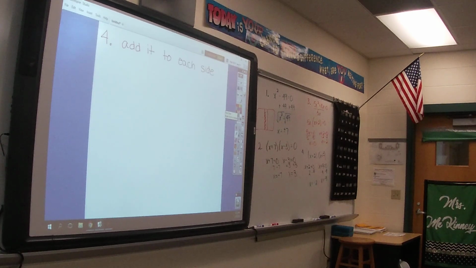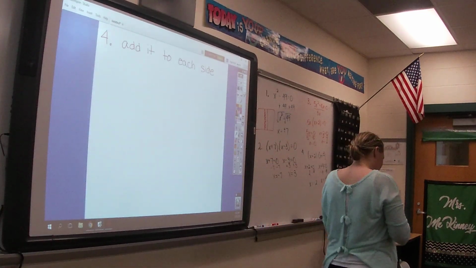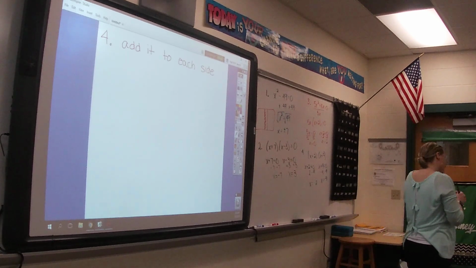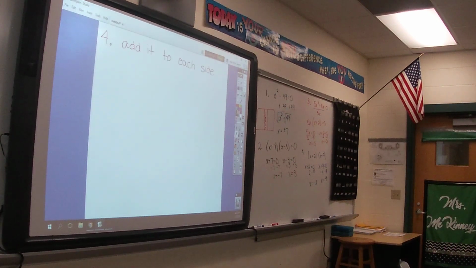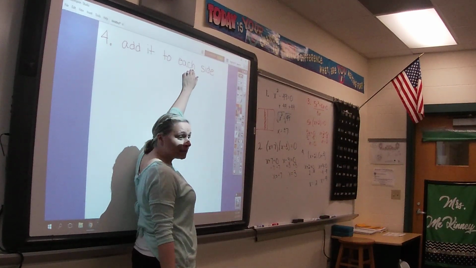What's an equation? What does an equation always have? An equal sign. When we're working with equations, if we do something to one side of the equal sign, we have to do the exact same thing to the other. So we have to add it to both sides.